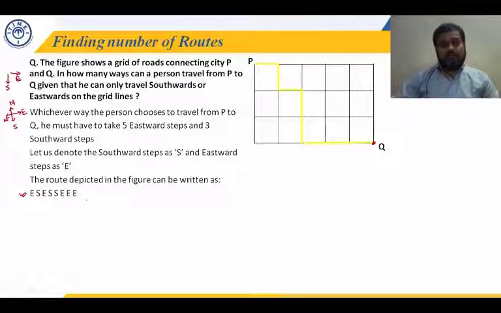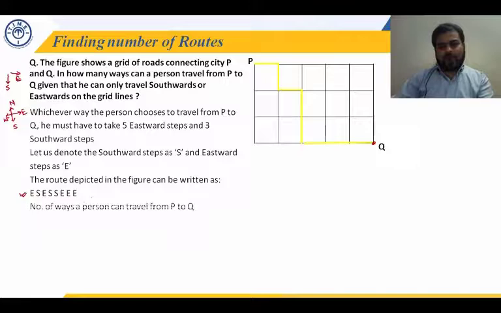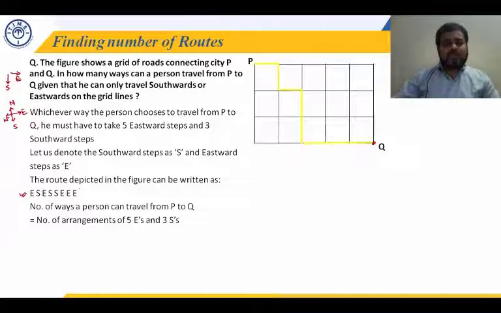Alright. So we have to find the total number of ways from P to Q. The number of ways a person can travel from P to Q is nothing but an arrangement of these letters only. It is nothing different from all possible ways from P to Q. So this is one particular arrangement of all these letters.